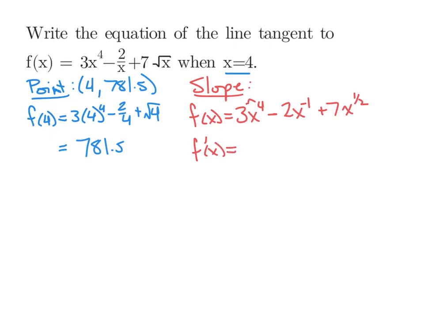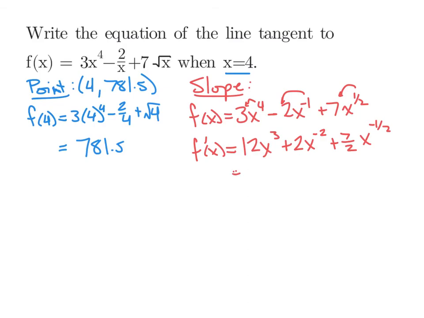We'll bring down the 4. 4 times 3 is 12, and then reduce the power by 1. In the next term, bring down that negative 1, so negative 2 times negative 1 is plus 2, and then reduce the power by 1, so negative second power. Last one, bring down the power, 7 times a half is 7 halves, and reduce the power by 1, negative 1/2.